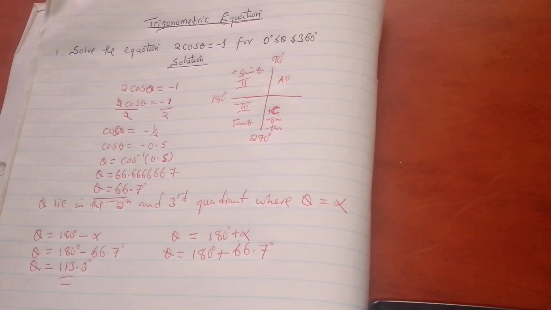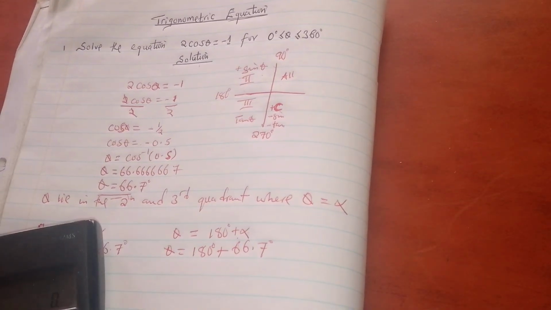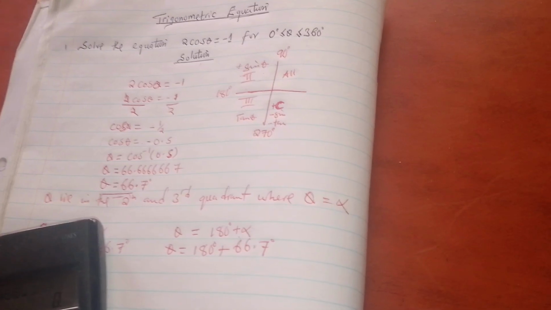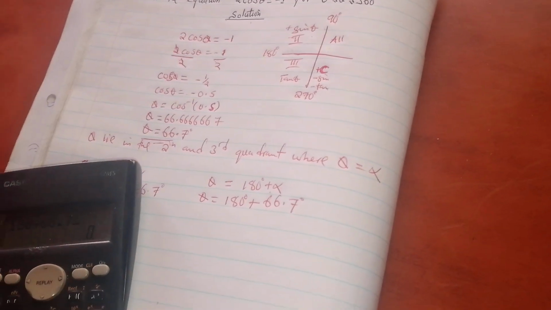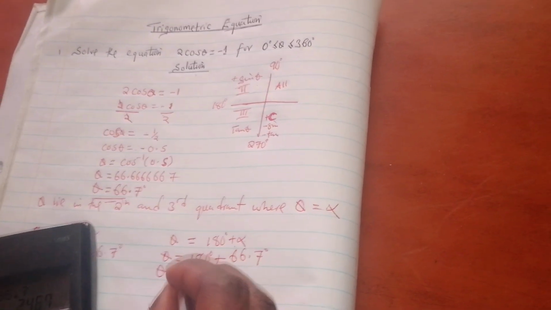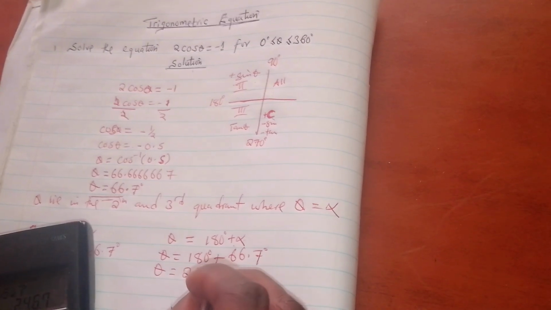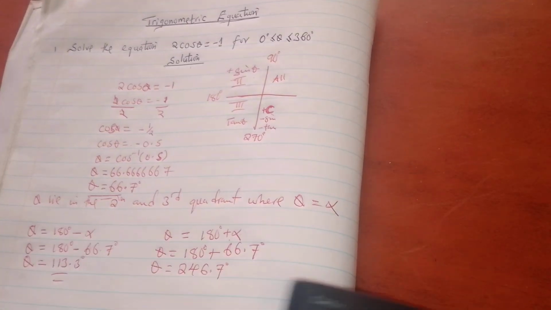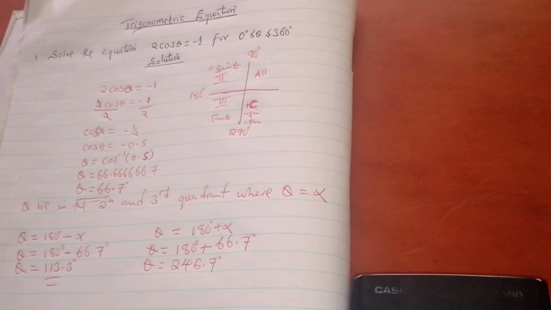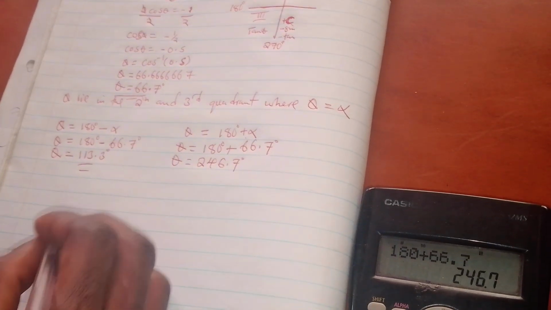Again, you go to your calculator, you say 180 plus 66.7 degrees. It will give us theta is equal to 246.7 degrees.